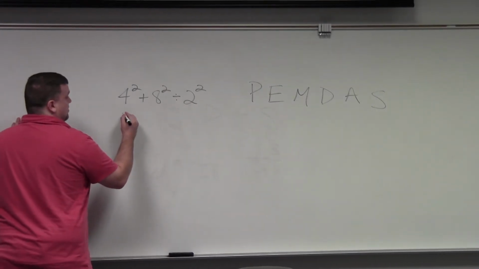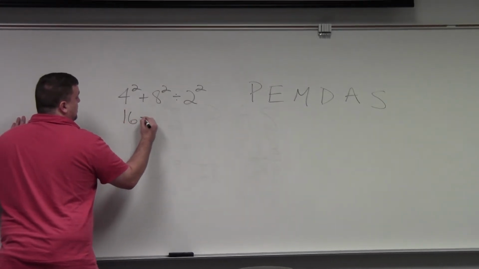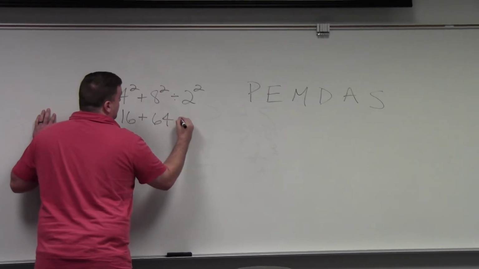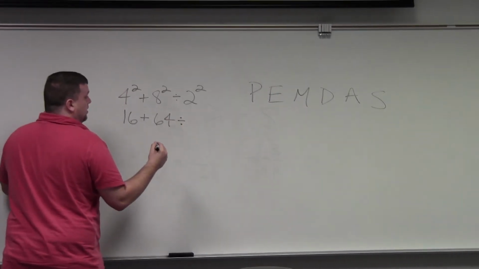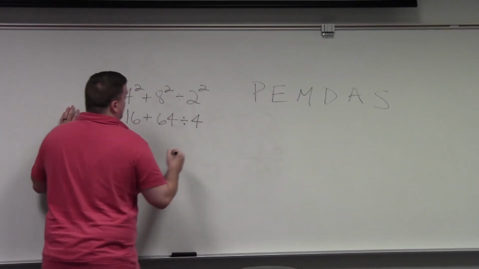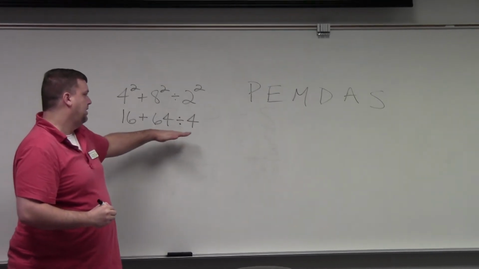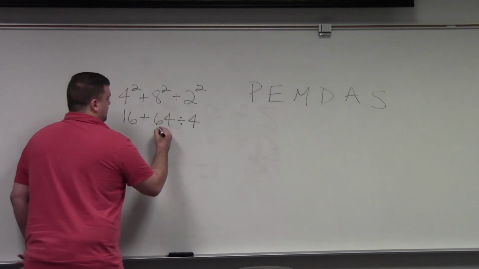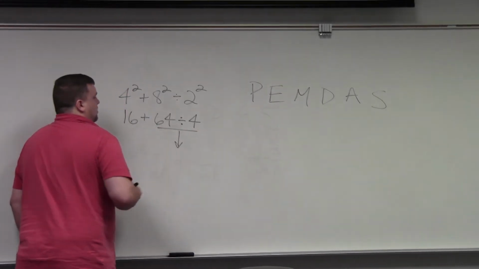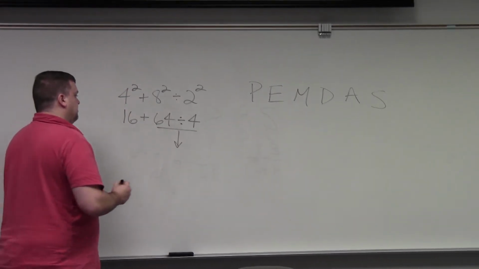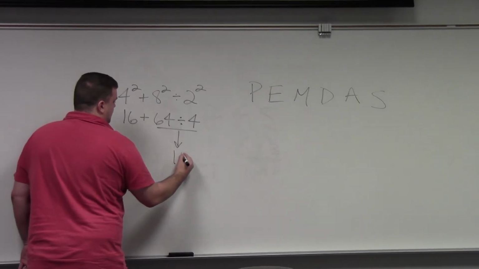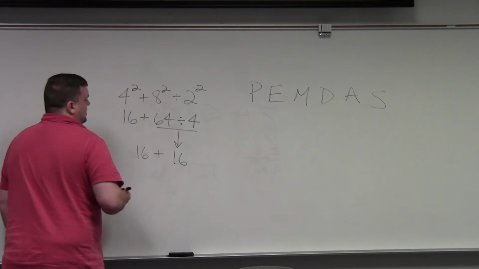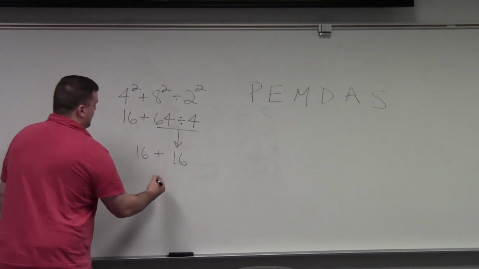What's 4 squared? 16. 8 squared? 64. And then 2 squared? 4. So I have addition and division. Which one comes first? Division. So what's 64 divided by 4? 16, correct. Bring down the rest as is. 16 plus 16 is? 32.